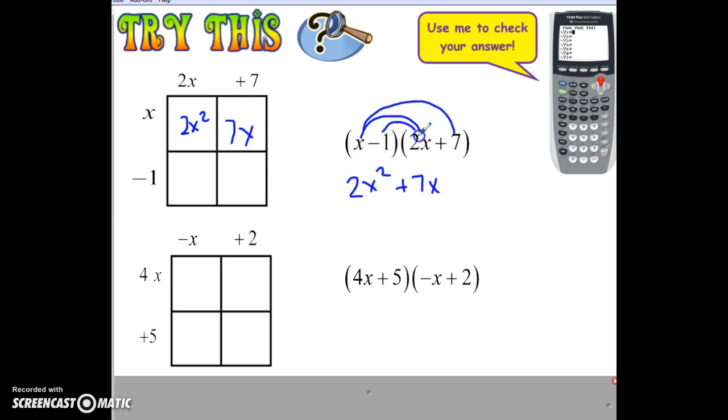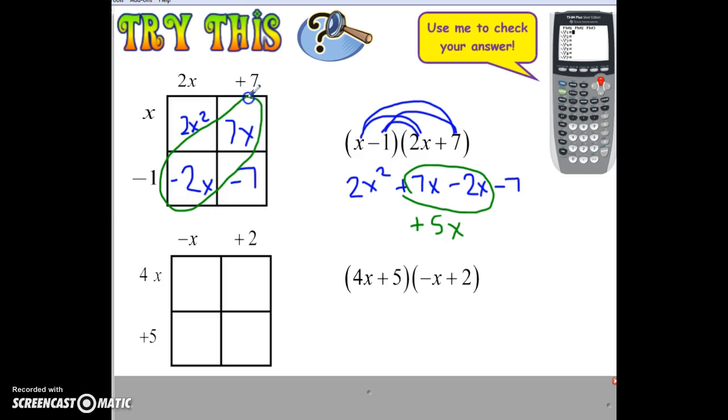I is for the inside numbers, so negative 1 times 2x is minus 2x, which would be these two terms. And then the last numbers is minus 7, which is this last box. So then your final answer, you would just combine these two for plus 5x. And you would have 2x squared plus 5x minus 7. We would combine these two in the same way to get the 5x.